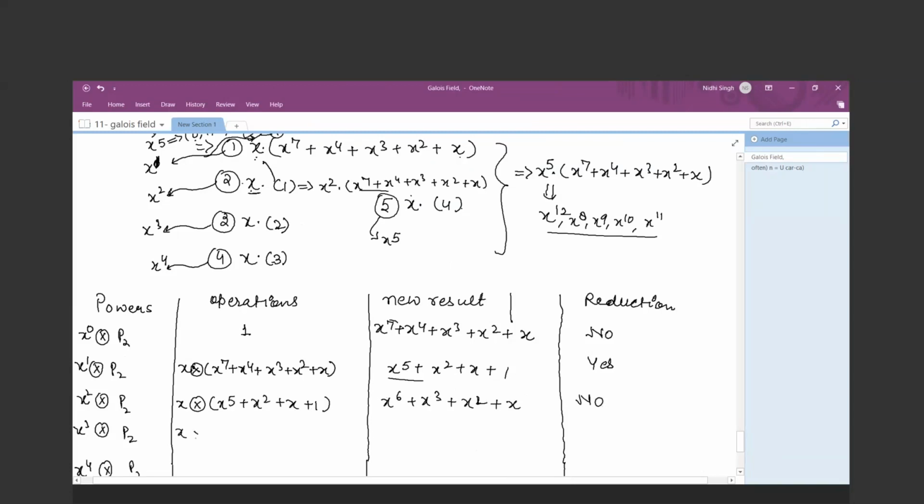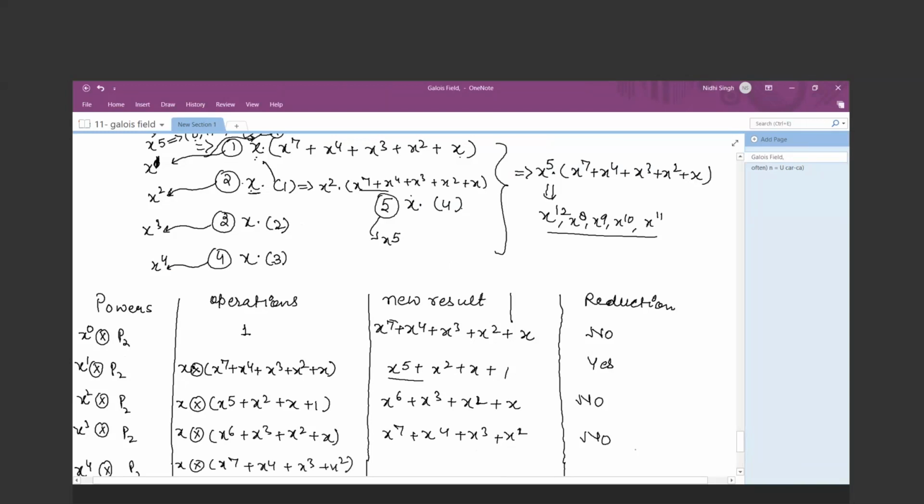Now again multiply with the new value. The new result value, that is x cube plus x square plus x, that is x7, x4, x cube and x square. So is there a need of reduction? No. Again the x will be multiplied with the previous result value, so x to the power 7, x to the power 4, x cube and x square.